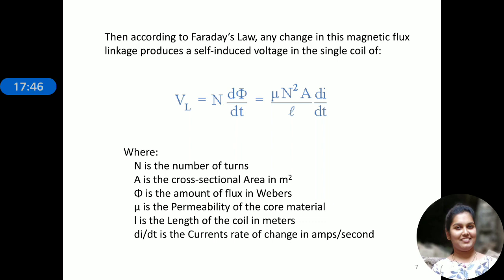Right? So this is the amount of voltage that is developed in the inductor when a current I is flowing. So a time varying magnetic field induces a voltage that is proportional to the rate of change of current, with a positive value indicating an increase in EMF and a negative value indicating a decrease in the EMF.